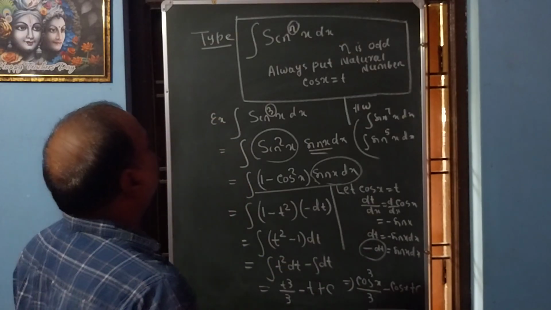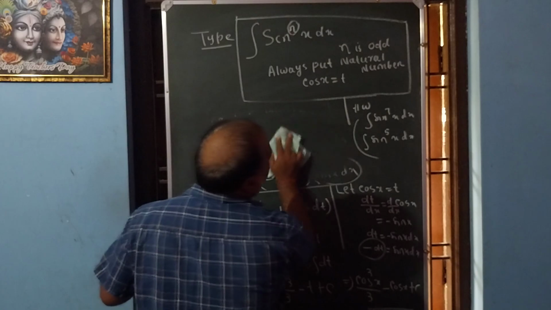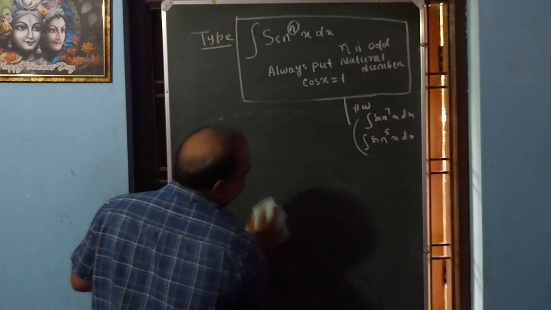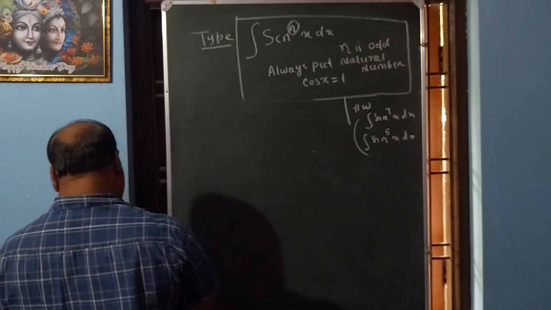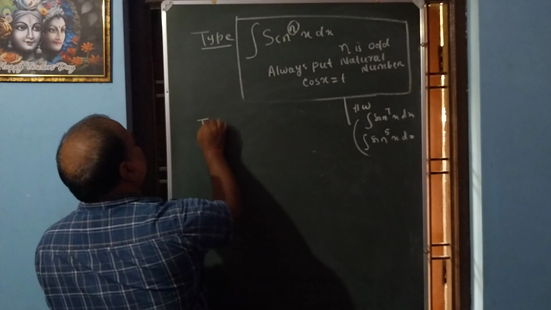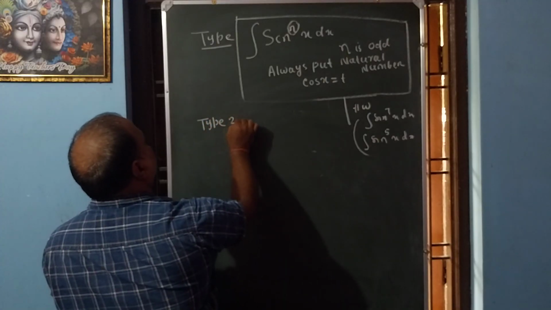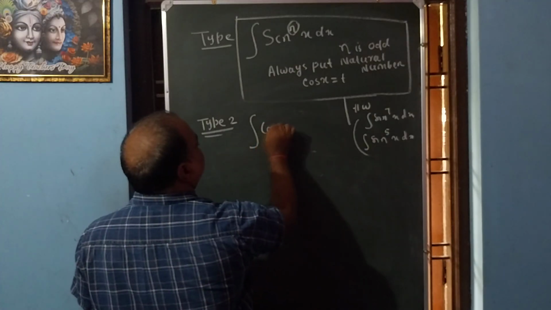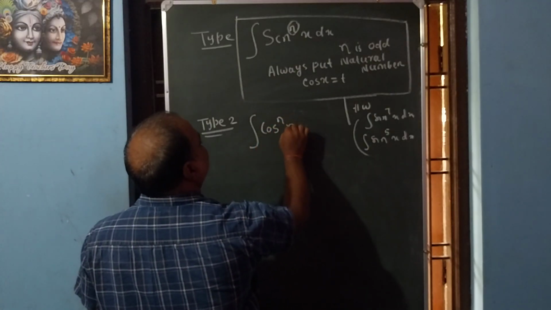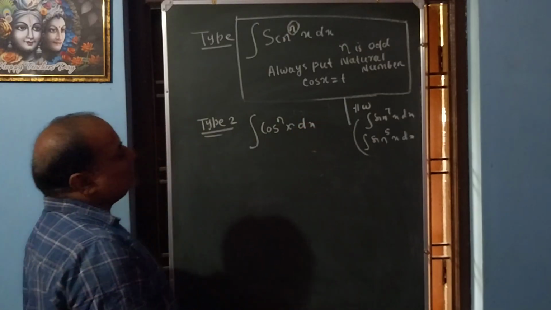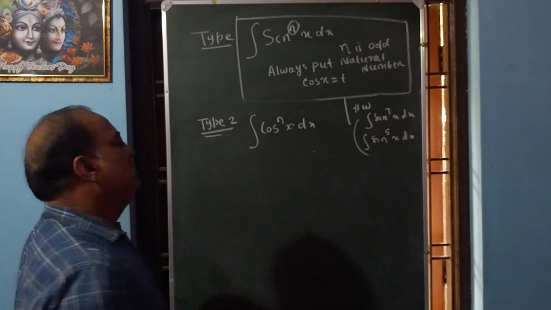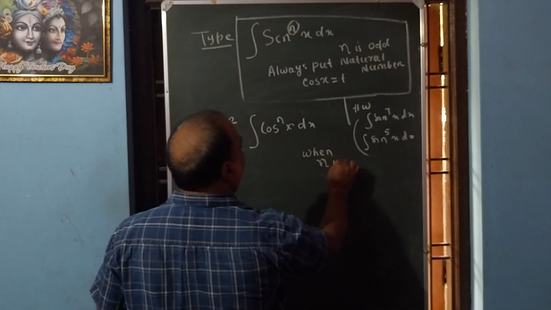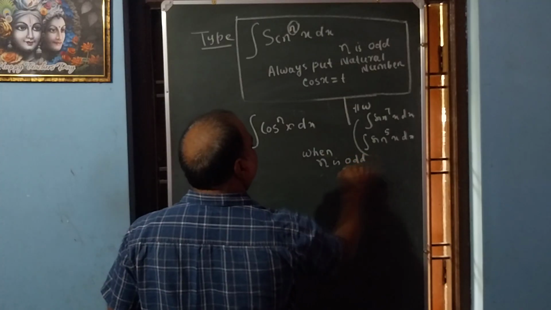So next time, write down another type. Type number 2. Integration of cos^n x dx, where n is an odd natural number.